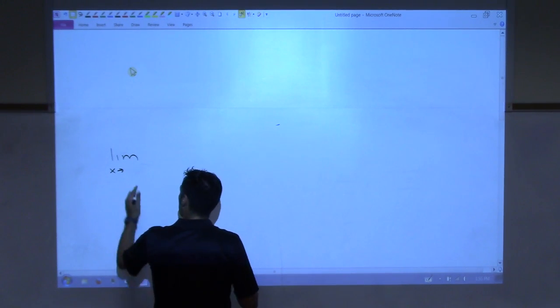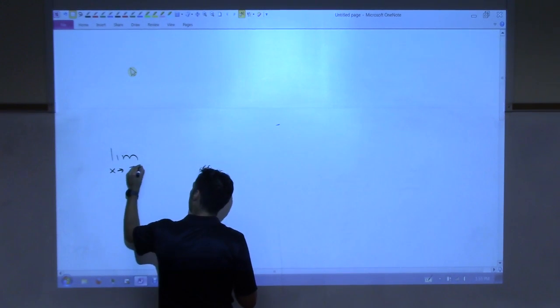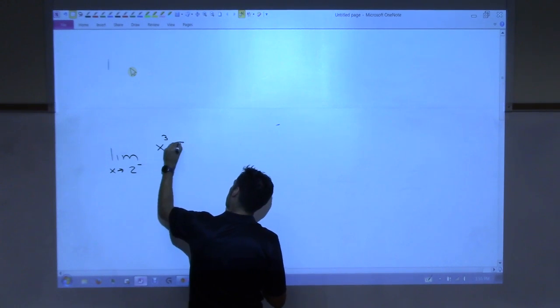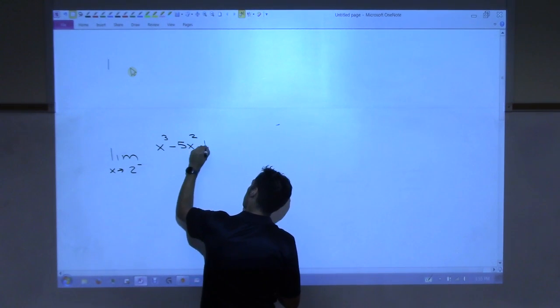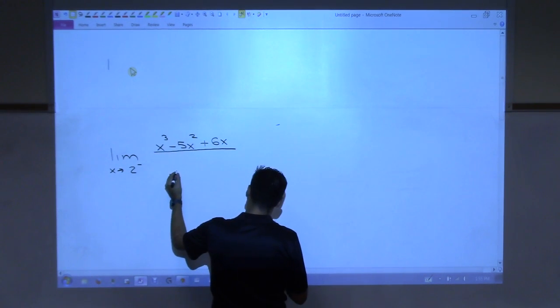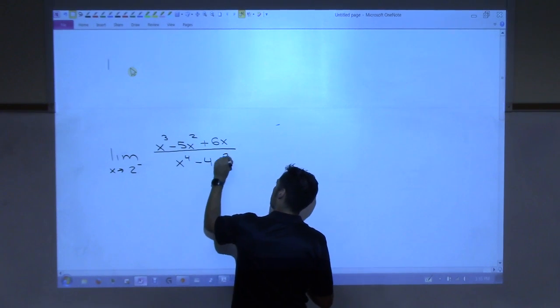Here we go. X approaches 2 from the left of x cubed minus 5x squared plus 6x over x to the fourth minus 4x squared.